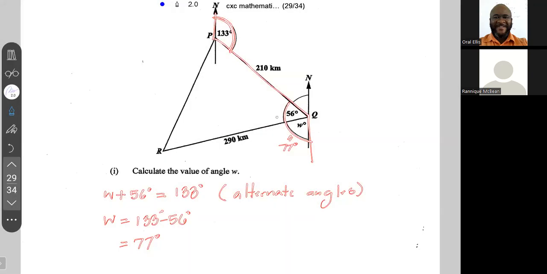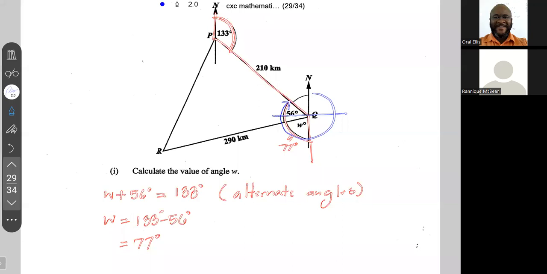All right, I'm taking the bearing from Q. So I need my north, south, east, west line at Q. Now, bearing is measured clockwise from north. So I start from north and I come around. So that angle there in blue represents the bearing of P from Q.